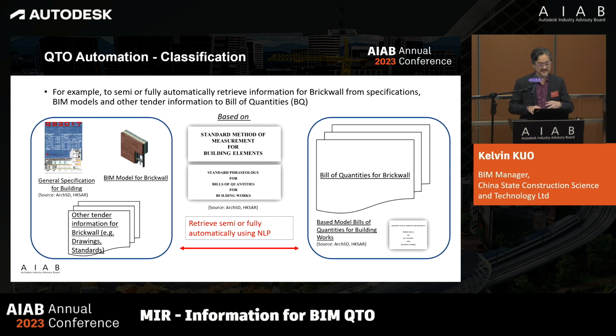And then we can generate the BQ according to the same approach, the similar approach and the same idea. So actually, those kinds of BQ or quantity should be generated automatically, directly from what the information already contains in the model objects.